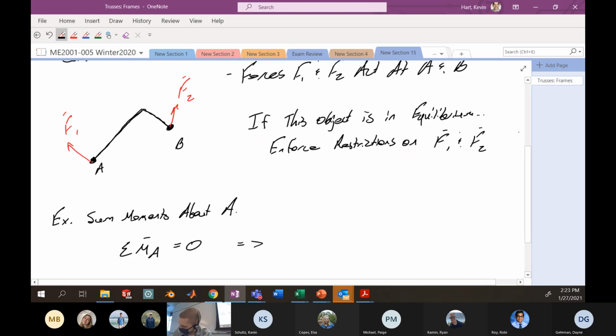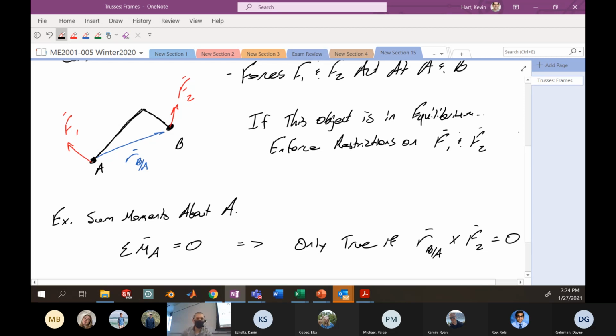If we need this to be true, then we're going to have something like, if this is our position vector, which locates F2, only true if the position vector arriving at B from A crossed with the force 2 is equal to 0.